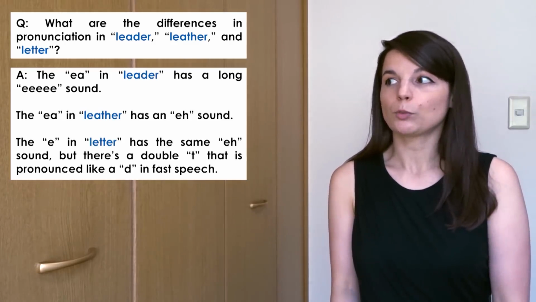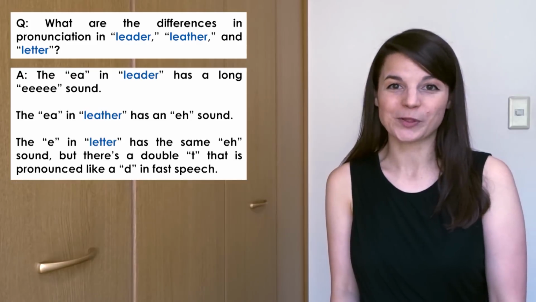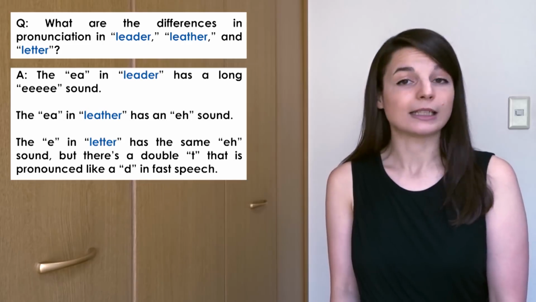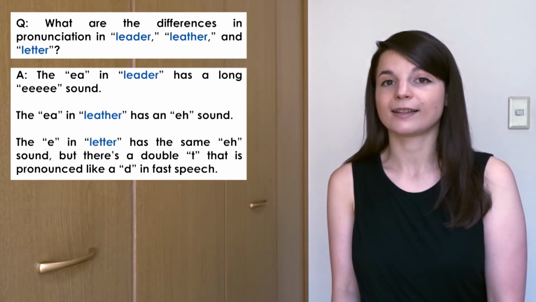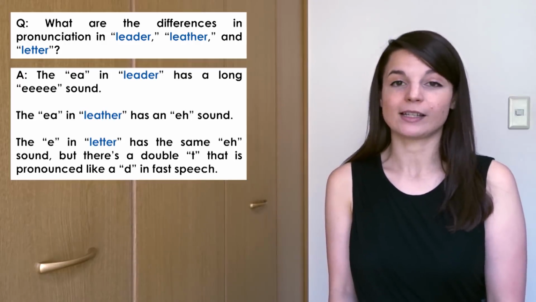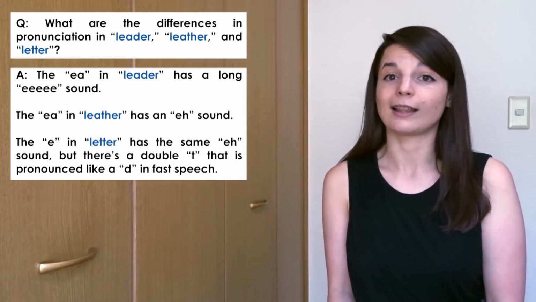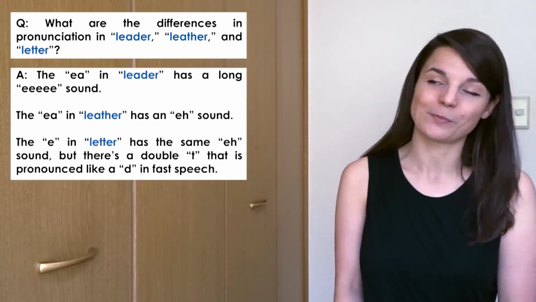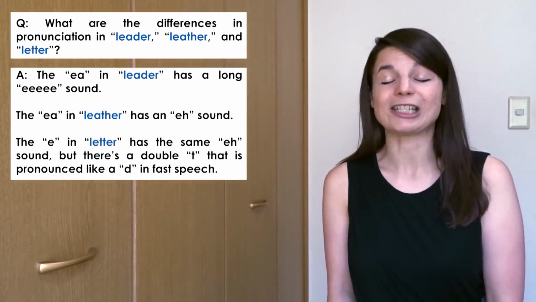However, we don't pronounce it as a T in actual speech, in rapid speech. We say letter, letter. It's a D sound. So leader, leather, letter. So leather and letter might sound quite similar, but there's a TH sound in the word leather. Also, you can just listen to the context. Does letter or leather make more sense? Leader has a very different vowel sound.